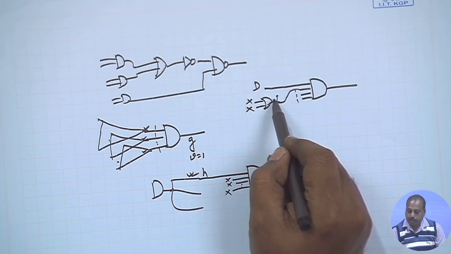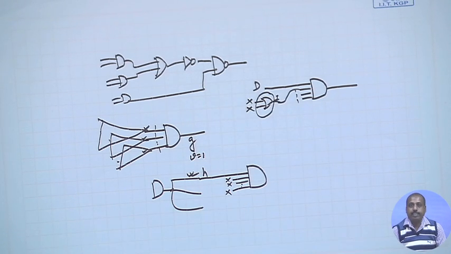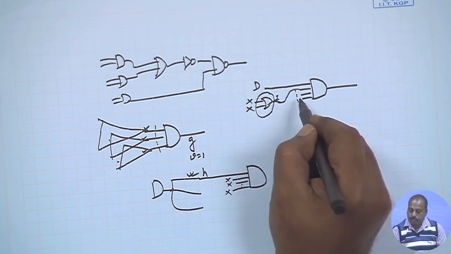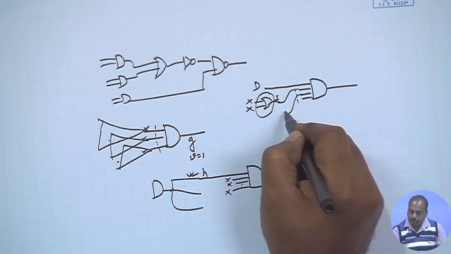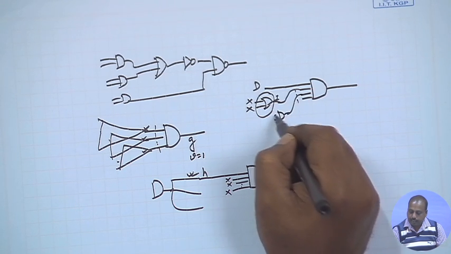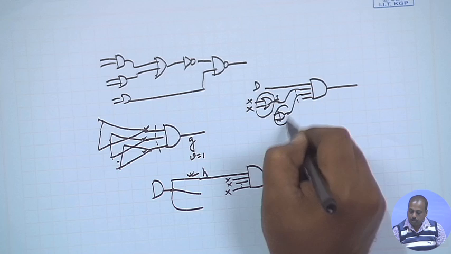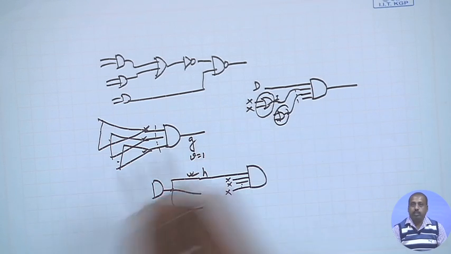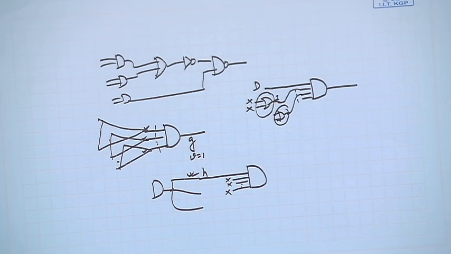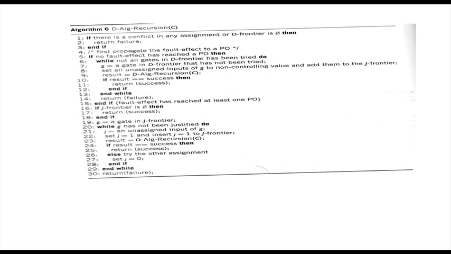The specified required output is 1. So this gate gets added to the J frontier. Similarly, this gate, if it is coming from, say, one AND gate, then this will get added to the J frontier. So in this way, all the unassigned inputs of G will be set to a non-controlling value, and they will be added to the J frontier.